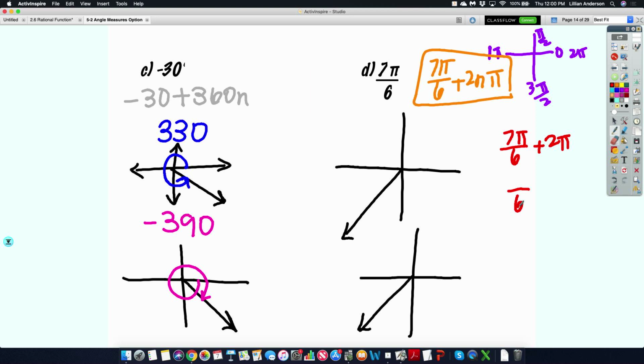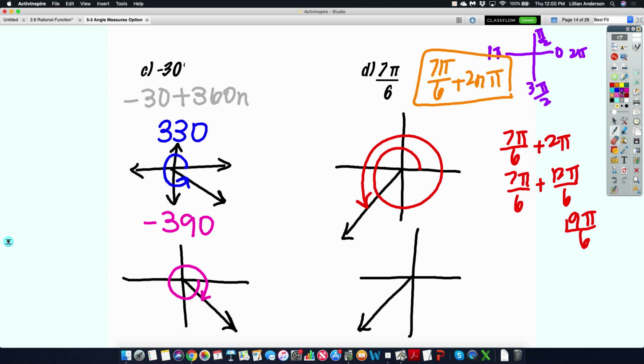You needed a common denominator, which was a 6. So that became 12 pi over 6, which made 19 pi over 6. That means I'm starting at the positive x-axis, going counterclockwise around, and ending there. Very nice. Somebody give me a negative coterminal angle. Negative 1. So that would have been 7 pi over 6 minus 2 pi. Again, common denominator. So what did you get?